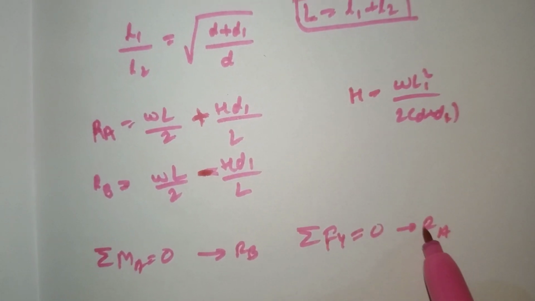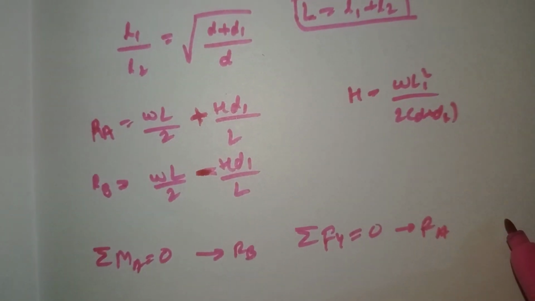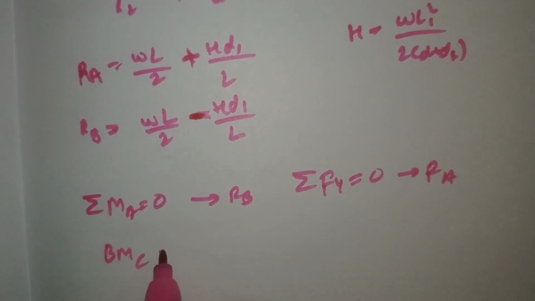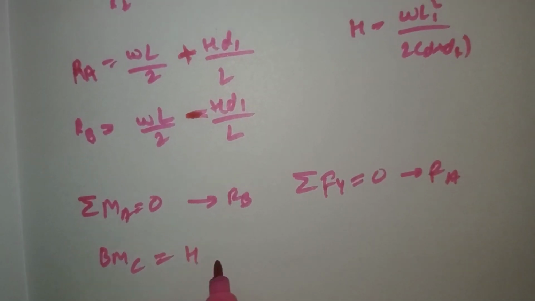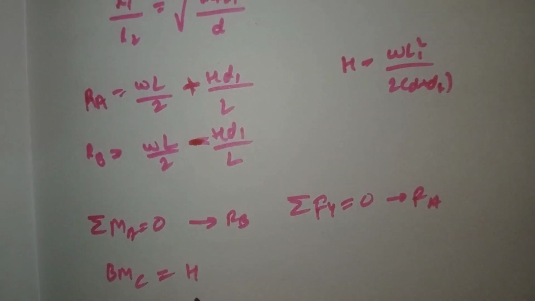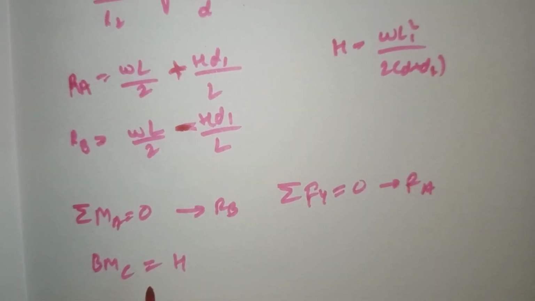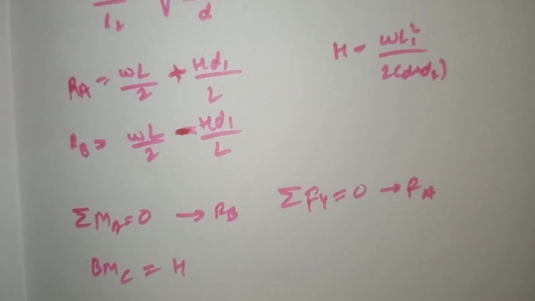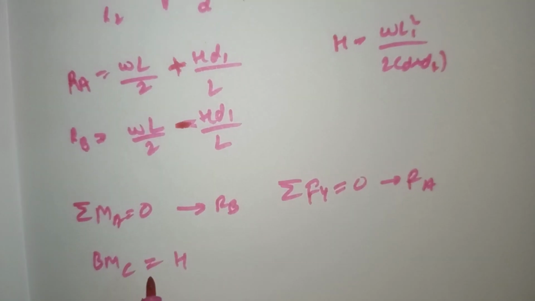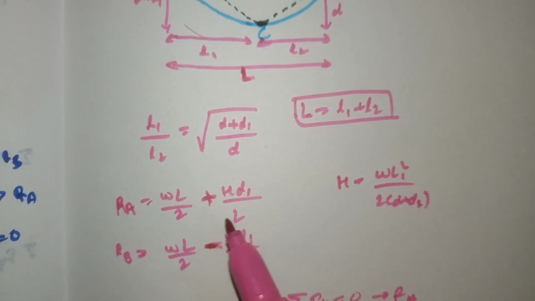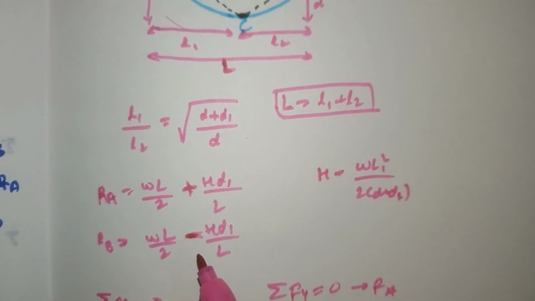For calculating H we need to take the bending moment about C, and you will get the H value. I have explained this method in my previous video, so you can go through those videos. Or otherwise, by simply remembering these formulas you can also calculate.